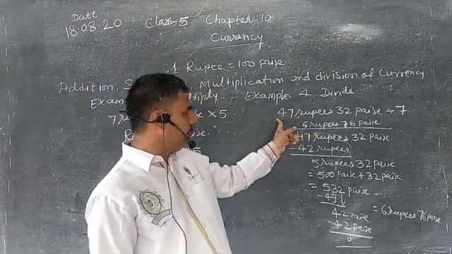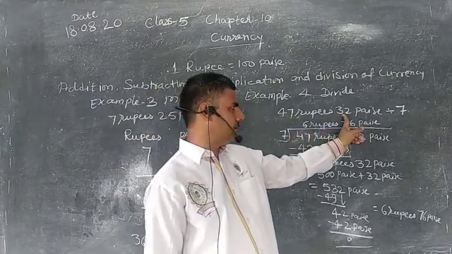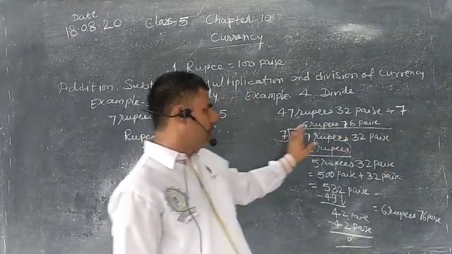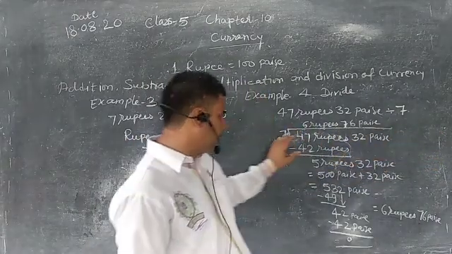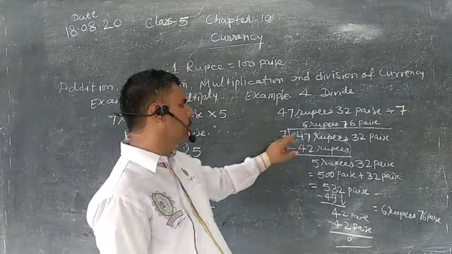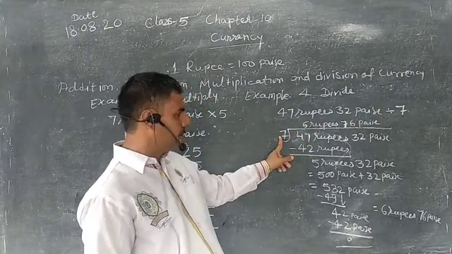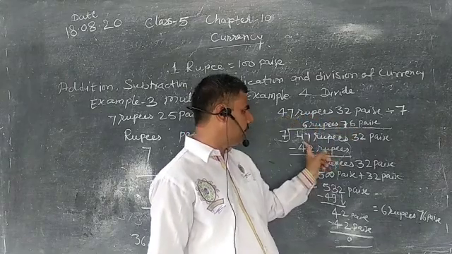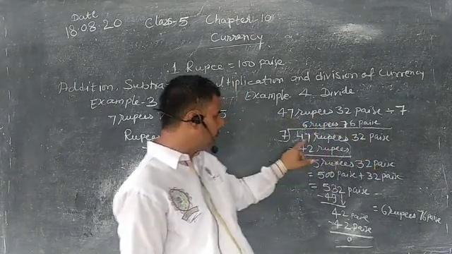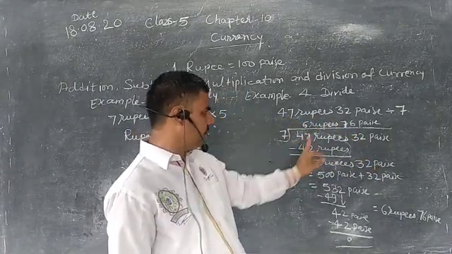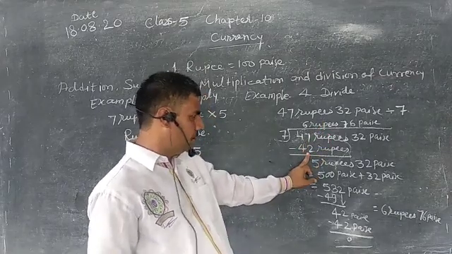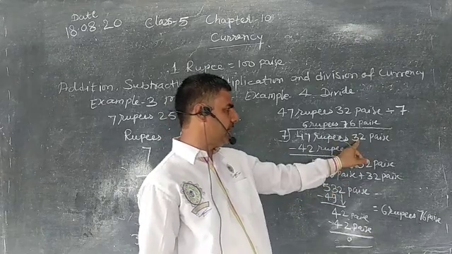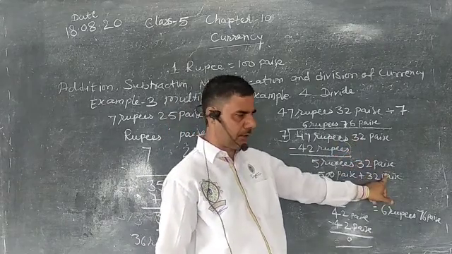We want to divide 47 rupees 32 paise by 7. So, make a division column. Here write 7 and here write 47 rupees 32 paise. Now in the rupees column 7 6s are 42. Remainder is 7 minus 2, 5 rupees, and then take 32 paise.